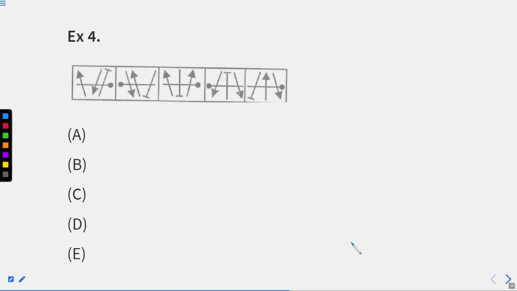Now if I look at this question, there are 5 figures A, B, C, D and E, right? Out of 5, you have to select one figure which is not obeying the characteristics that the other 4 figures are following.